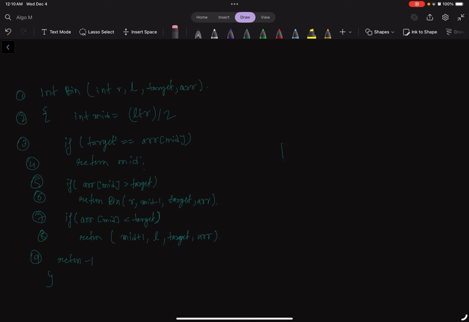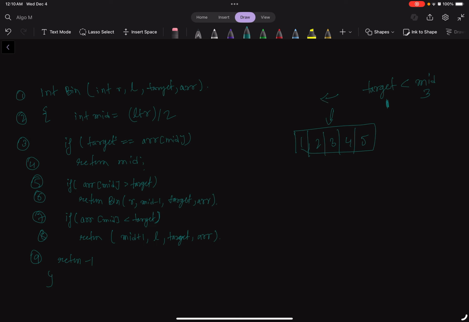Why is this confusing me right now? 1 2 3 4 5. Let's say the target is less than the mid value, that is 3, and target suppose 1, then we will go to this side.